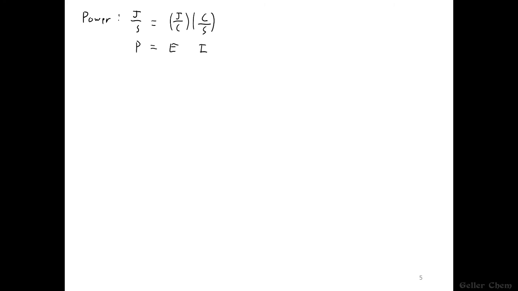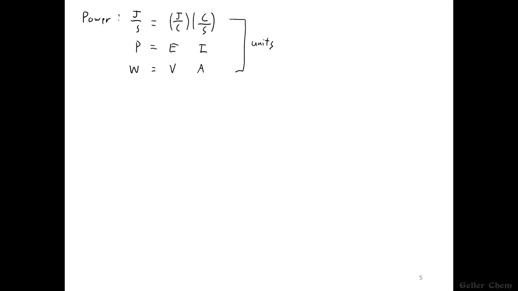Now, we can also express a joule per second as a watt, which is a unit you've probably heard of in real life before. And so we can say a watt is also equal to volt, the unit of electrical potential, times amp, the unit of current. Either set of units is fine.